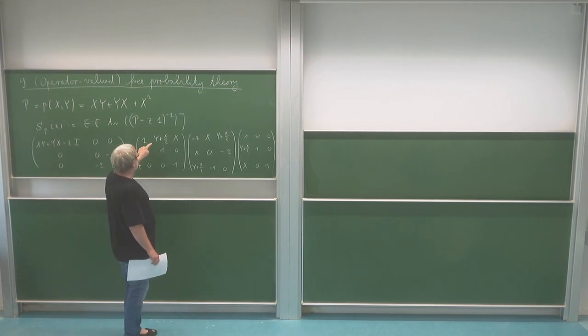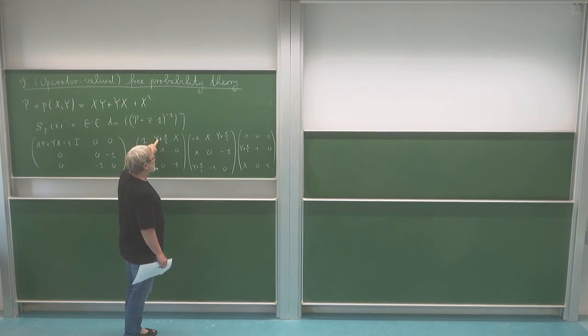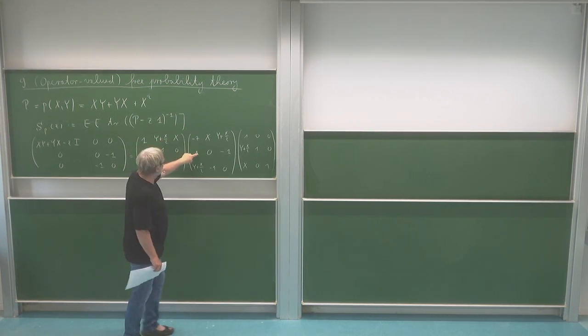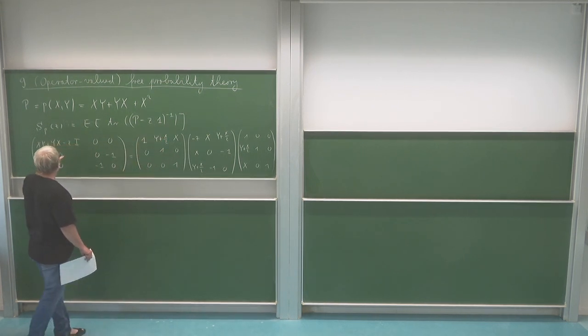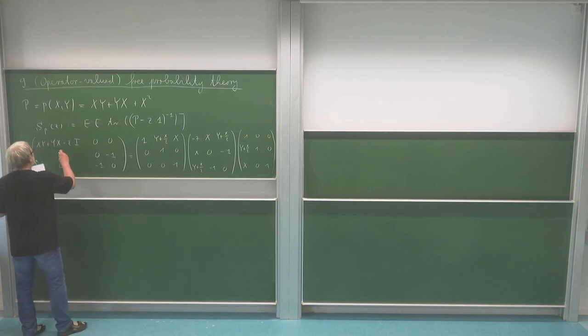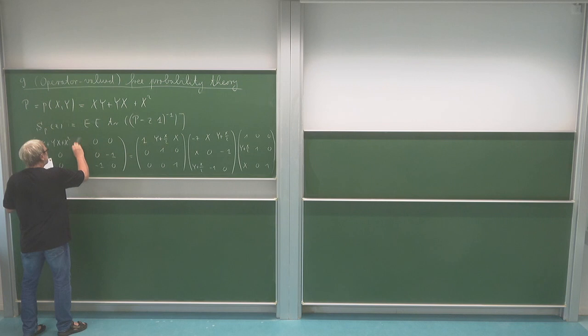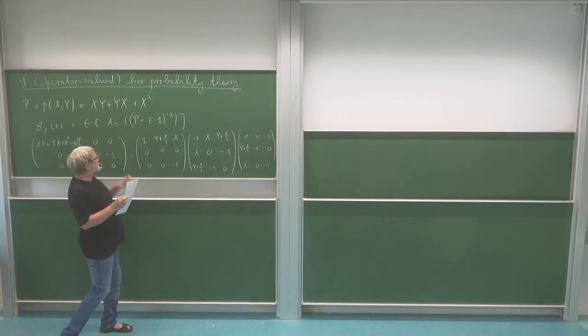Then I can also multiply this with this times this. And this gives me a y times x plus x squared over 2. So I'm missing here the x squared, plus x squared minus z times the identity. So x squared is part of my p.